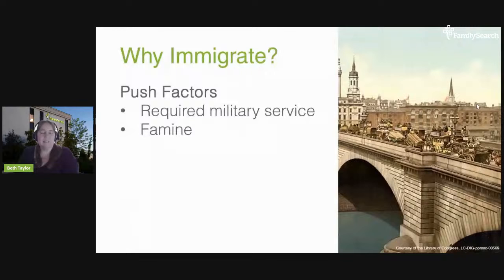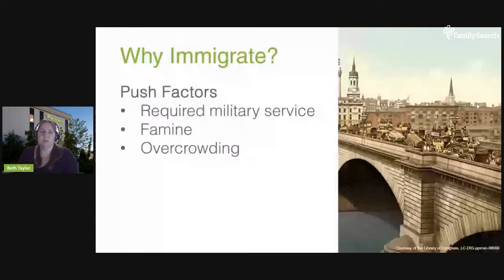You get things like famine, famously the Irish potato famine, which led a huge number of Irish to come to the United States, settling very heavily in the Boston and New York areas. There was a lot of overcrowding in Europe and in other countries. Just keep in mind, we get the Industrial Revolution in the 19th century. A lot of people are moving into the cities.